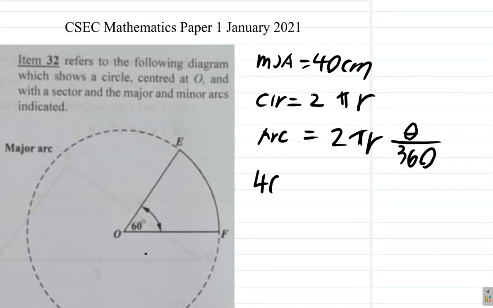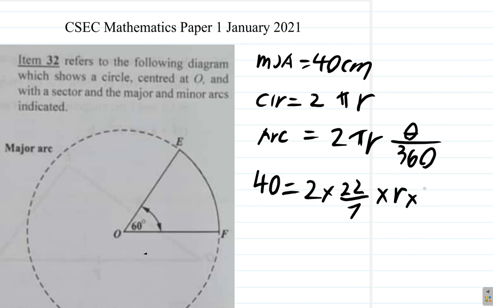So 40 equals 2 times pi. Let's call it 22 over 7 if you want. They didn't tell us what to use as pi. We just use that, times r, the radius, whatever it is, times the angle, well, the angle of the major arc.